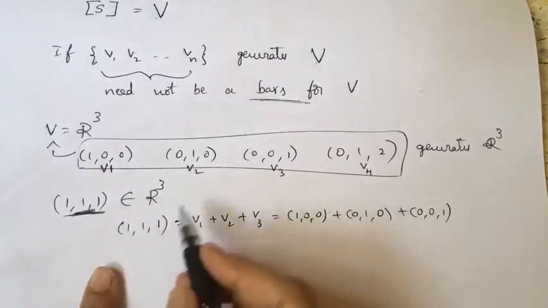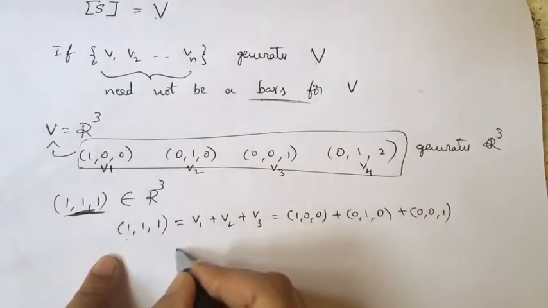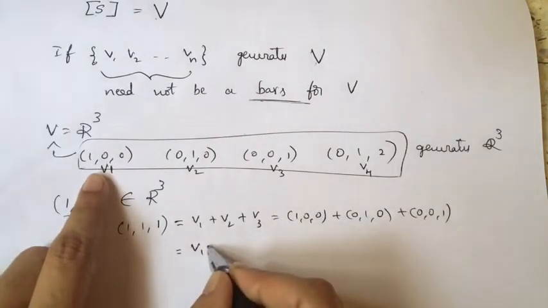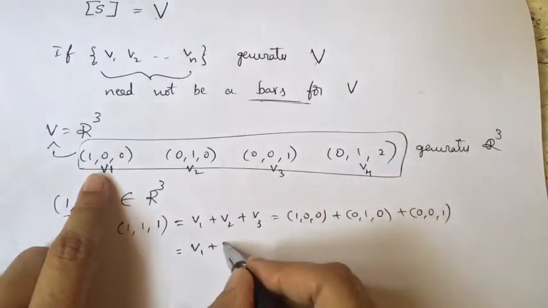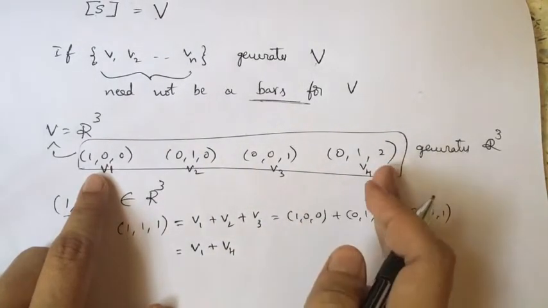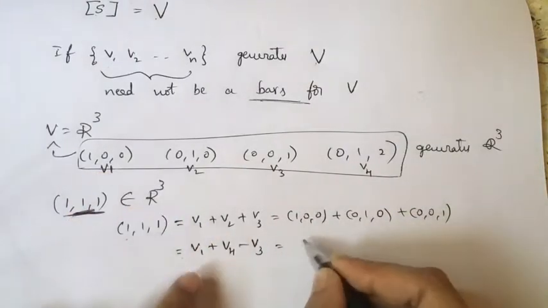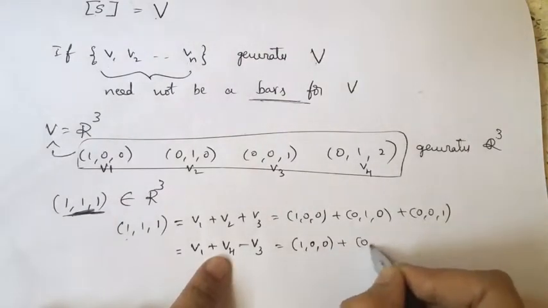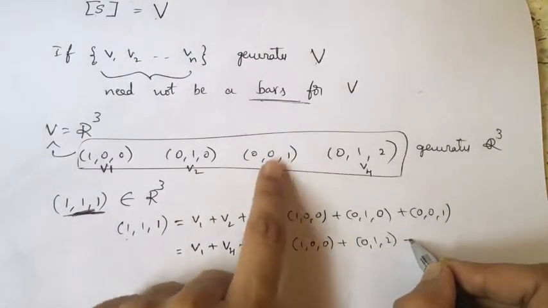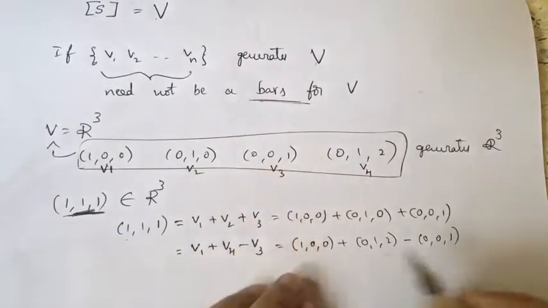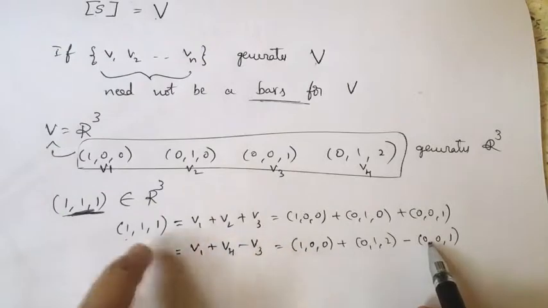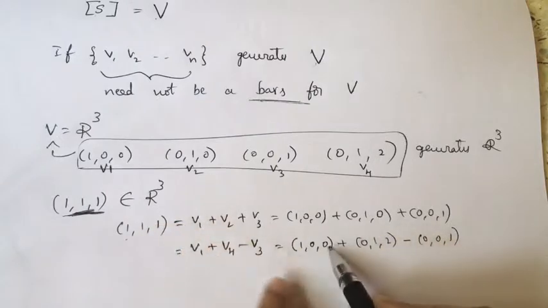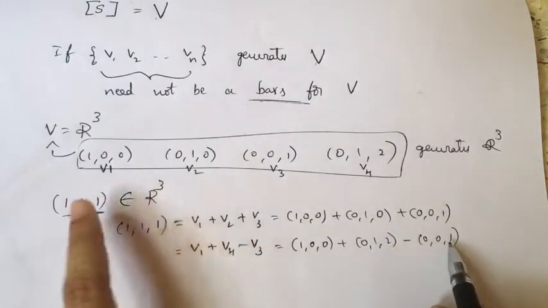But this 1, 1, 1 can also be written like this. I can take v1 and add v4, and I'll subtract v3, minus v3. Now look at this. v1 is 1, 0, 0, v4 is 0, 1, 2, and I'm subtracting v3, 0, 0, 1. See, 1 plus 0 minus 0, so it is 1. 0 plus 1 minus 0 is 1. 0 plus 2, 2 minus 1, that is 1.